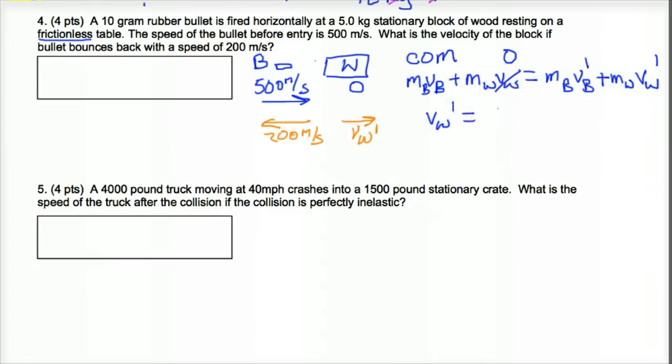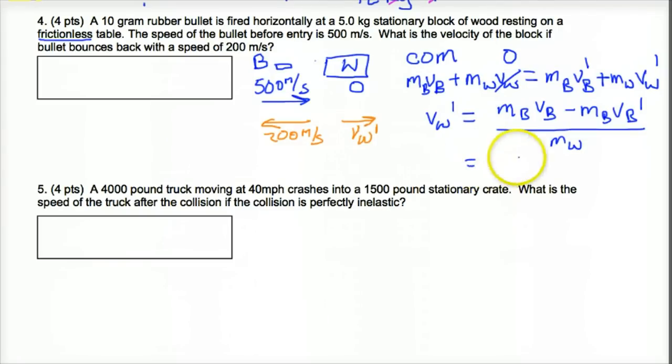Okay, so it's going to be the mass of the bullet times the velocity of the bullet, minus the mass of the bullet times the velocity of the bullet after, divided by the mass of the wood. Okay, double check my algebra here. Looks correct.